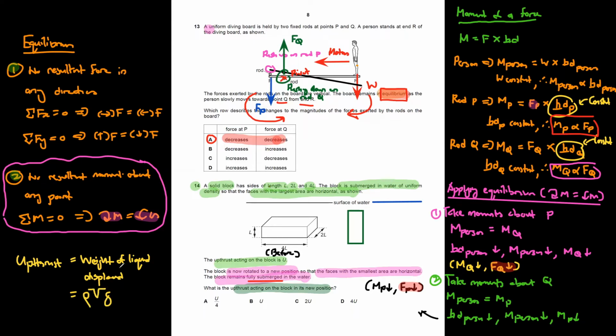This V relates to the volume of liquid displaced, whereas this rho relates to the density of your liquid.